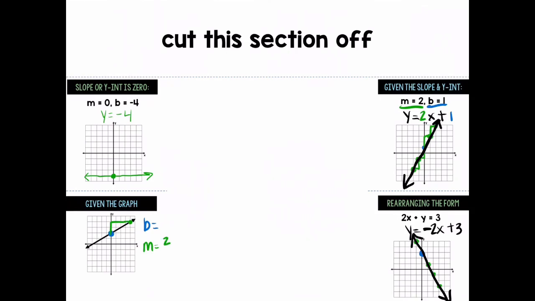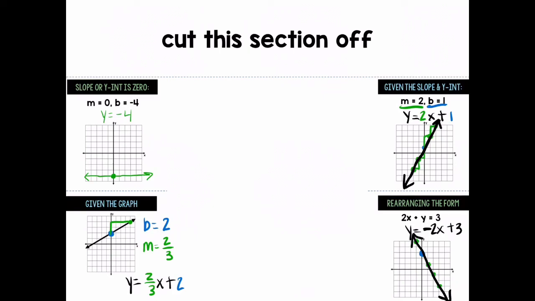So my slope is up 2 to the right 3. And my y-intercept is 2. So then my equation is y equals 2/3 x plus 2.